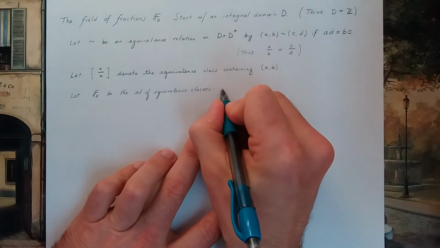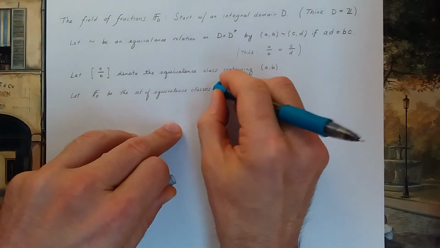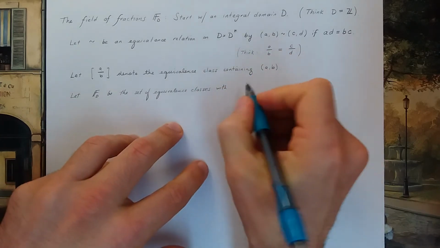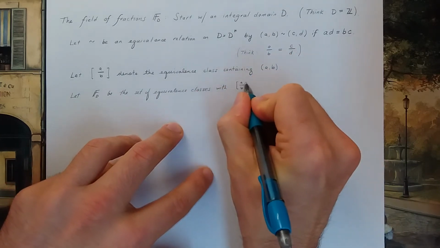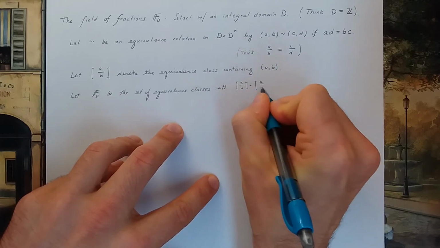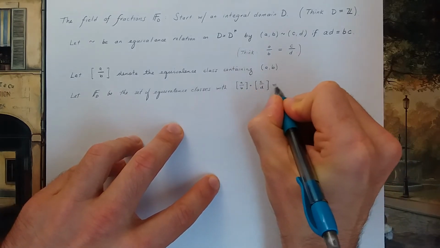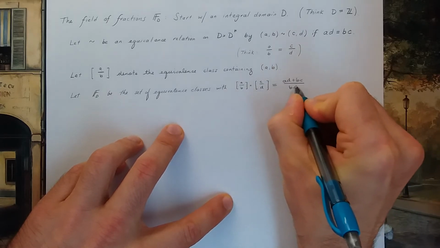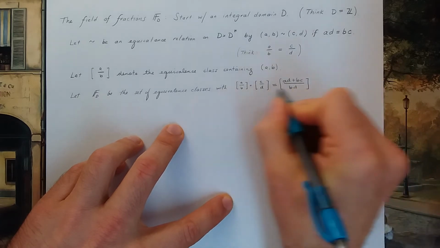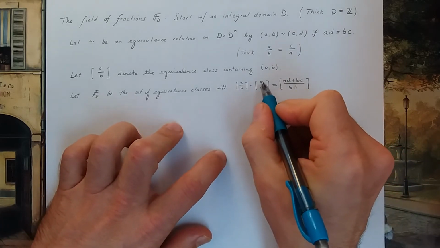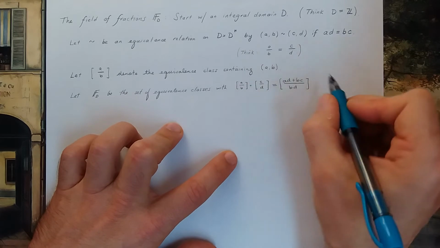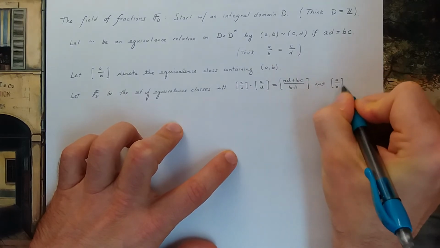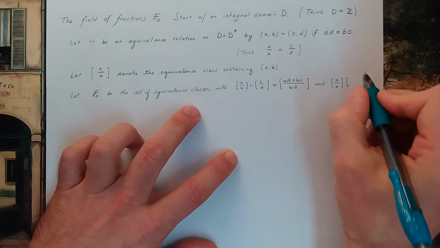So I'm going to define the addition A over B plus C over D. I'm going to define this to be AD plus BC over BD, which is exactly the calculation you would get if these were actual fractions and you got a common denominator. And multiplication will be defined similarly, just pretending like we have fractions.